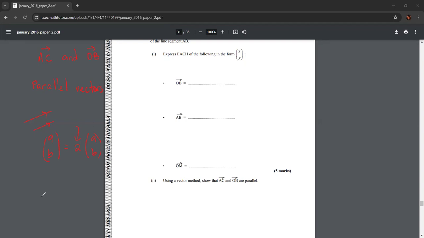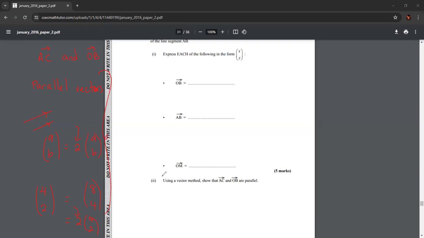Let's say one vector was 4, 2, and another one is 8, 4. These two are parallel because this is actually 2 times this factor. Anytime one vector is something times another, they are parallel. That's a fact that we must note.